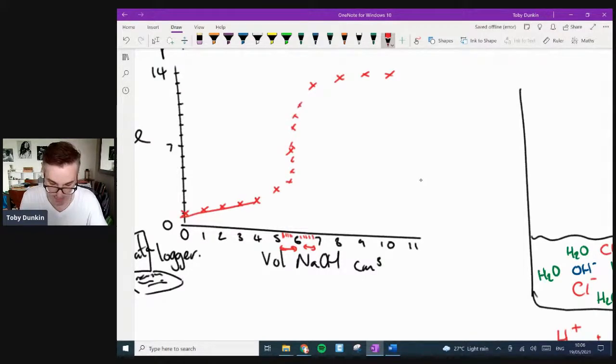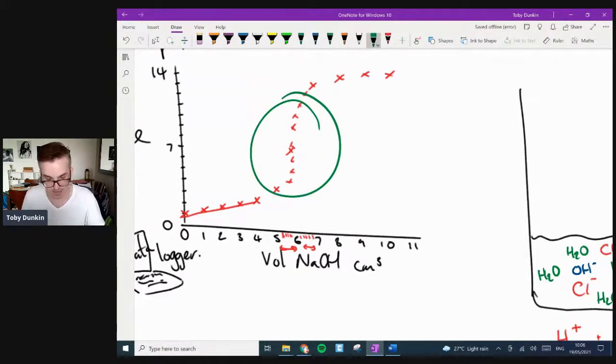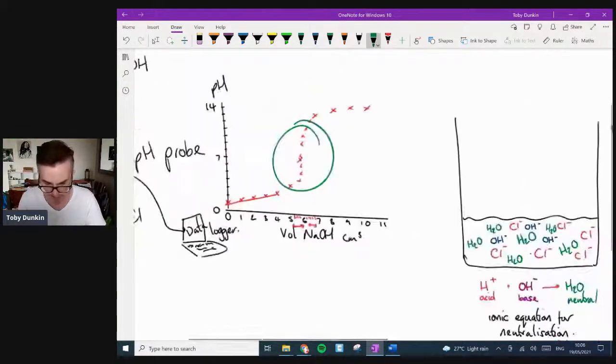If you take loads more readings, it has what's called a vertical region, and it jumps. The reason is you're going acid, acid, acid, acid, acid, acid, neutral, boom, and then jumps up to base. It suddenly goes whoosh and skyrockets, and you get this solid vertical region of the graph.